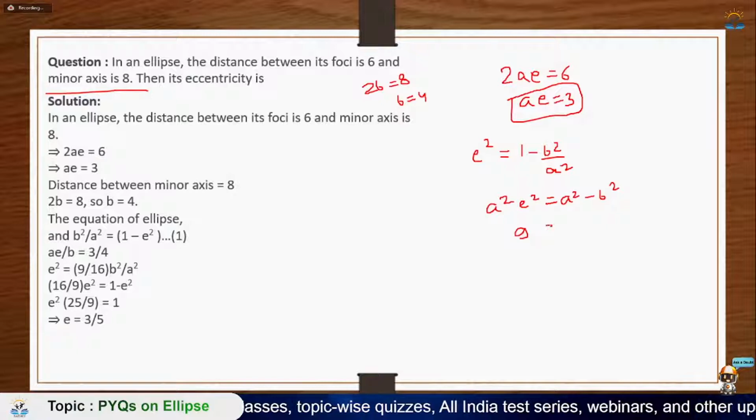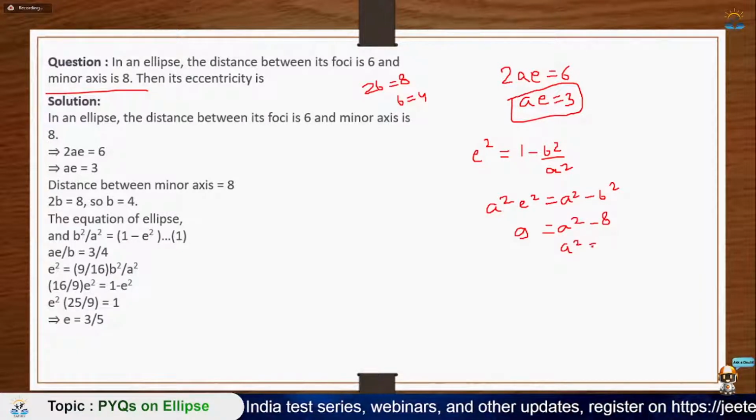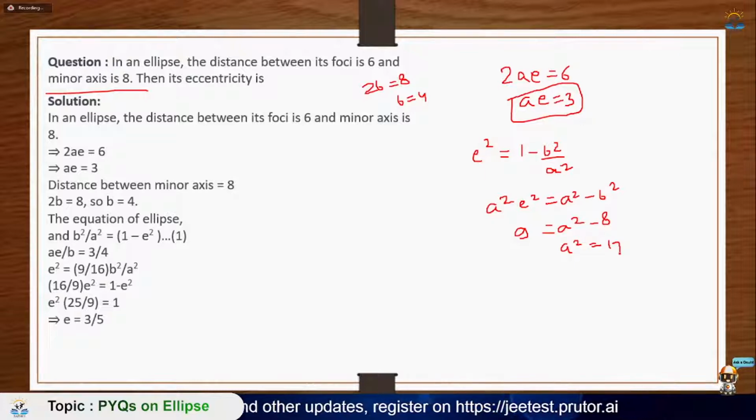So 9 is equal to a square minus b square. So a square would be how much? A square would be 17. So b square is 16.